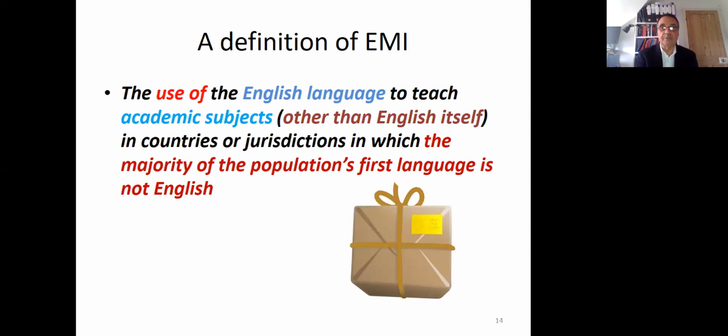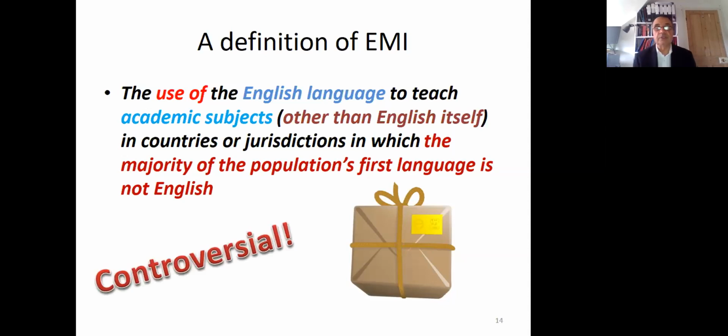This definition has to be unpacked, and it's controversial in the sense that some people have argued that Anglophone countries are also EMI countries. For example, if you've got a very large group of non-L1 English-speaking students in your science class in Birmingham, then that becomes an EMI class. Well, fine, people can have that opinion if they wish. I would argue against it on the basis of policy decisions.